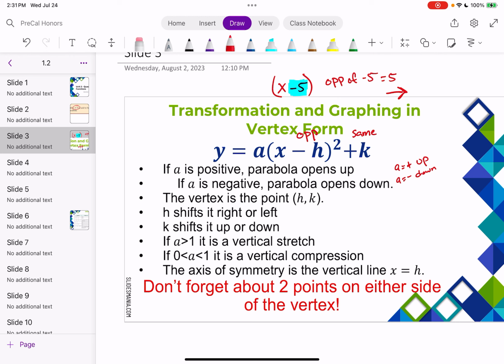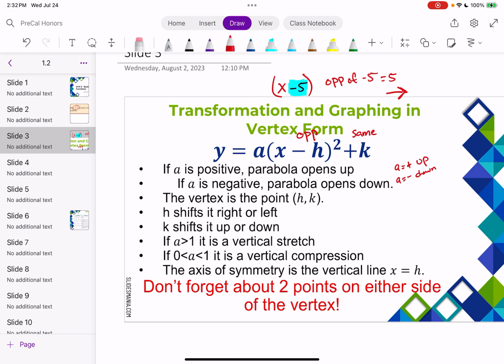And that is our h. H will push us either left or right. In this case, because we are going a positive 5, we are going to move to the right, since we have x minus 5.